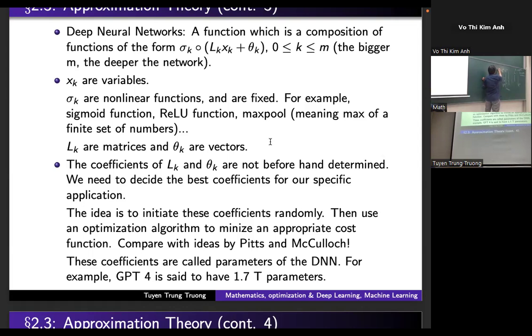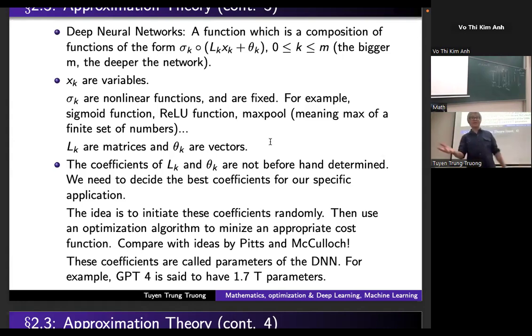If you come to the first layer, layer 1, then X1 is obtained by applying a function to X. For a simple design, you apply a linear map to X, then you add theta, and then you apply a nonlinear function sigma.